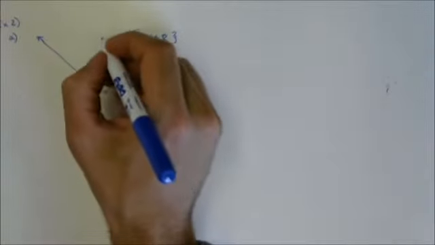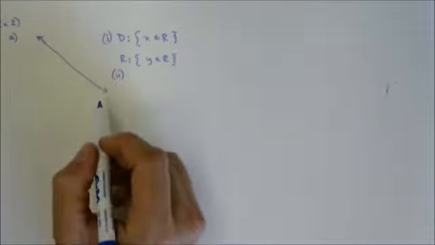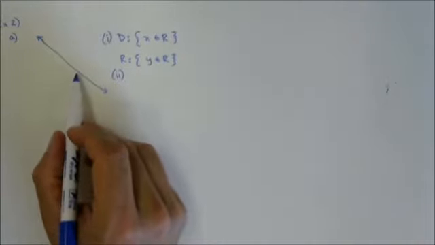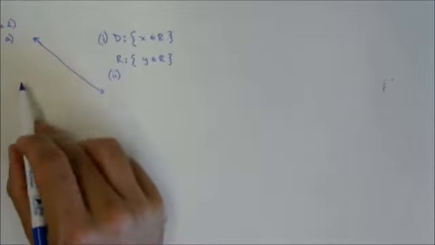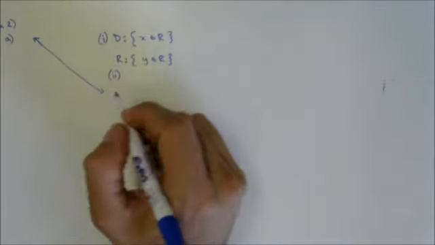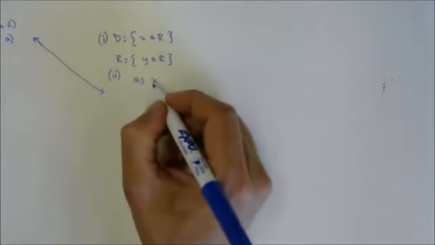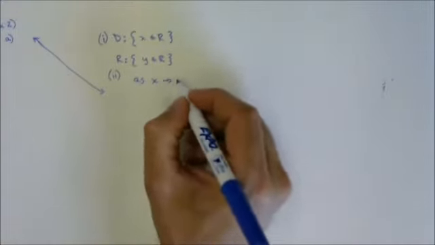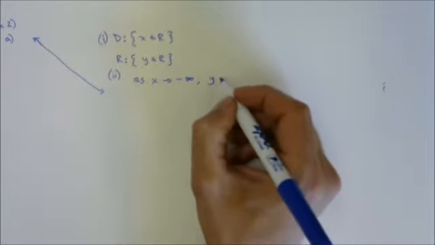End behavior. So basically, what is happening as x approaches infinity, and as x approaches negative infinity. Let's look at x approaches negative infinity. We would say as x approaches negative infinity, what is y doing?